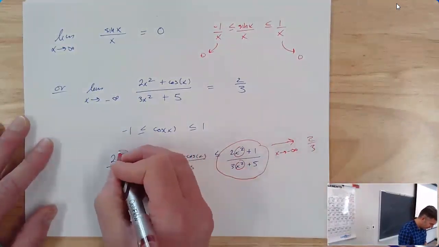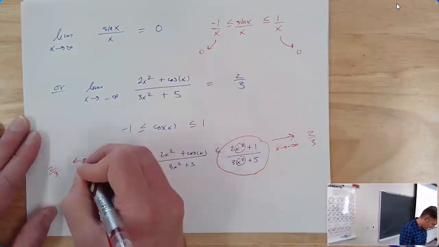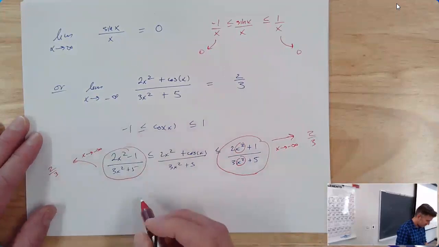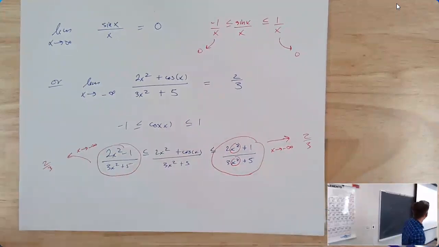And the same is true over here. That's also going to go to 2/3 as x goes to -infinity. Typically, when you have a rational function and the degree on top and the degree on the bottom are the same, the limit to infinity and limit to -infinity both end up being the same value.